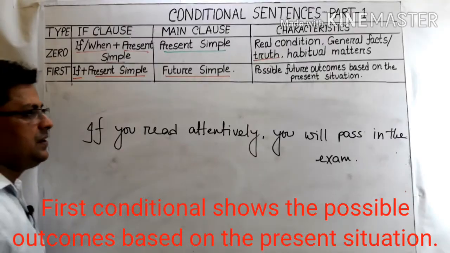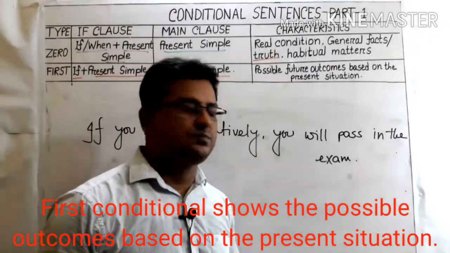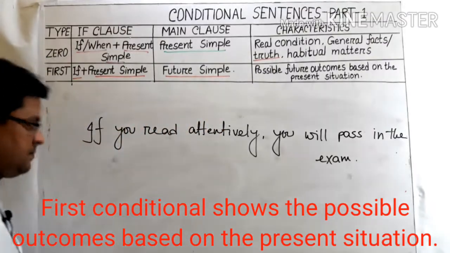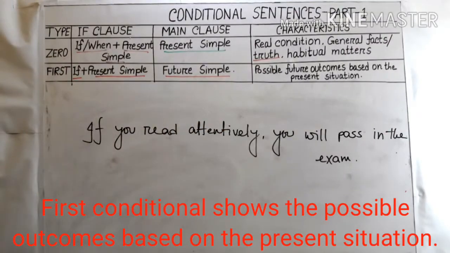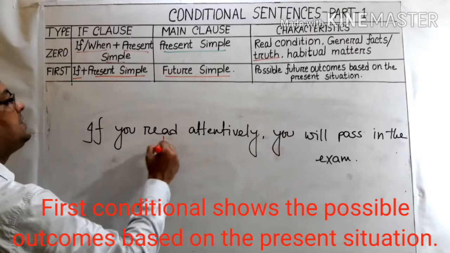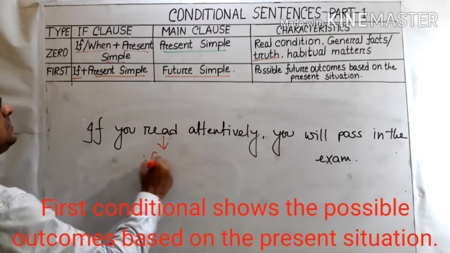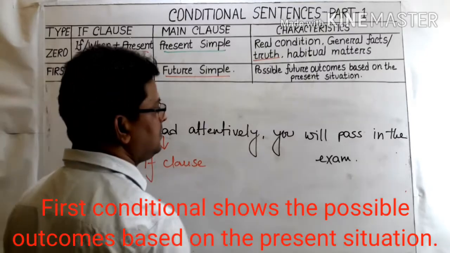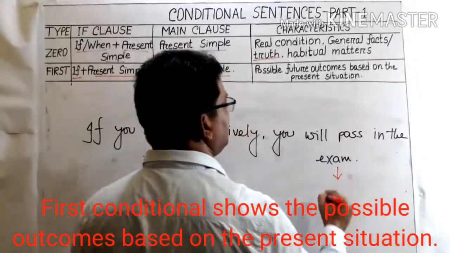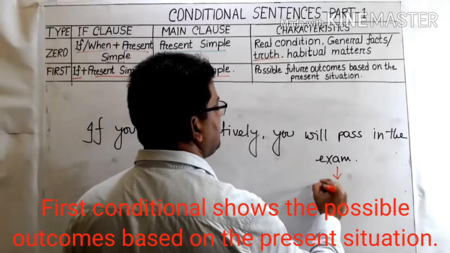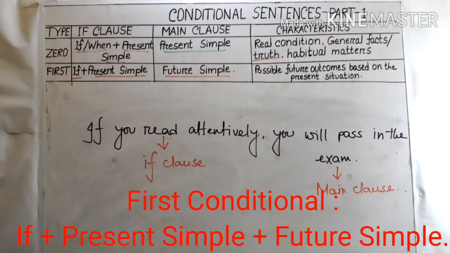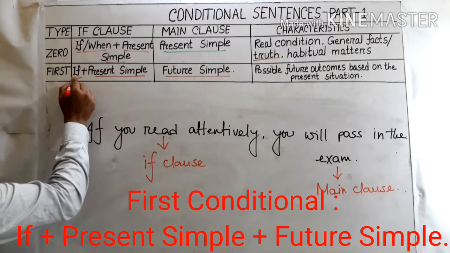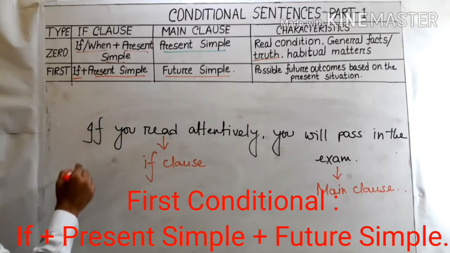If you read attentively, you will pass in the exam. This is the if clause and it is the main clause. From the table, we know that the if clause contains if plus present simple.